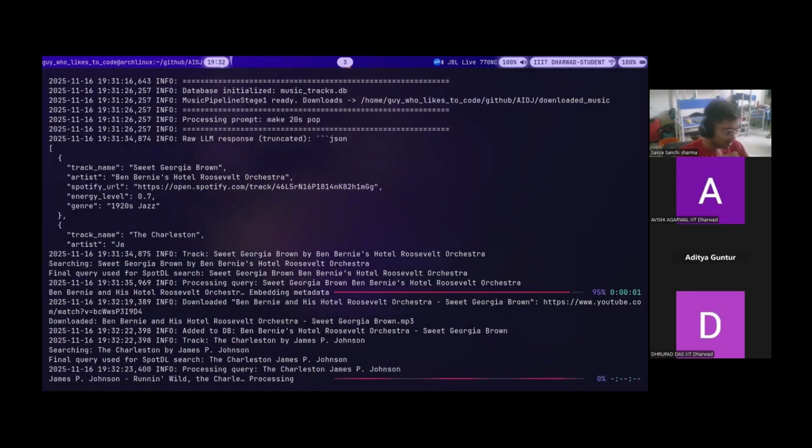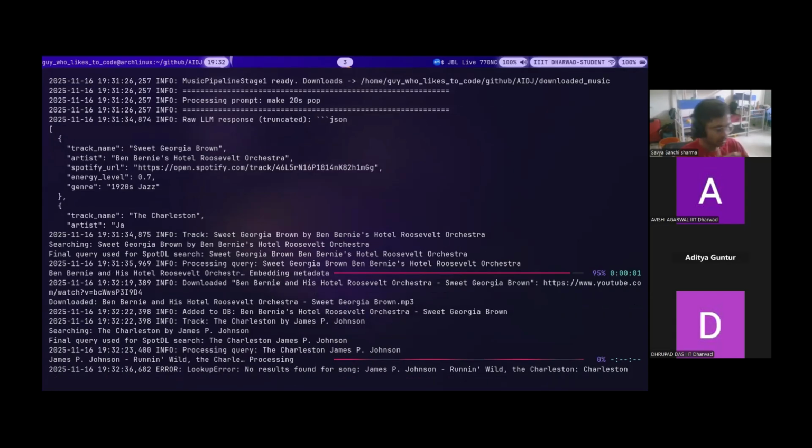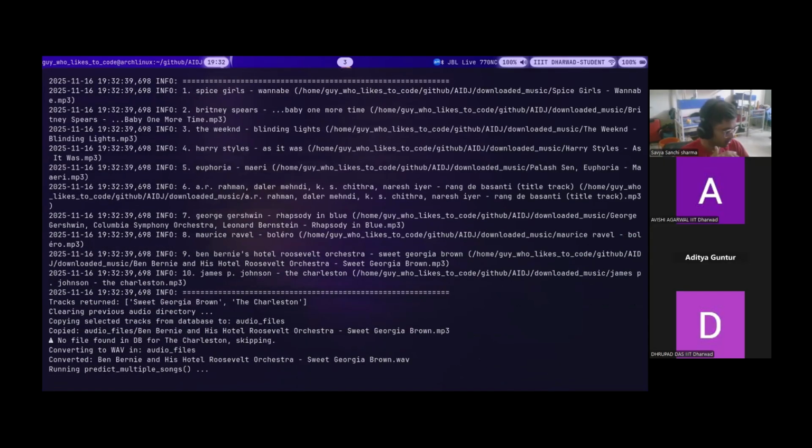So basically, in our prompt, we have added only 2 to 3 songs. So according to the user's prompt, it is downloading 2 songs only. We can expand this according to the user's need.